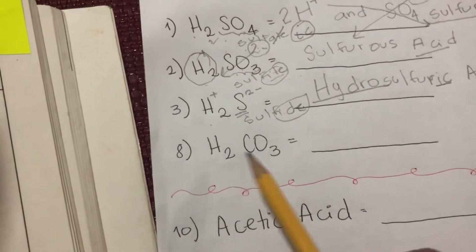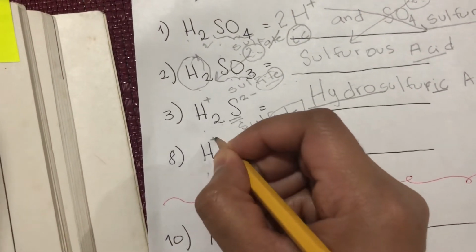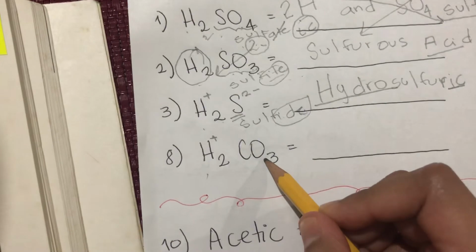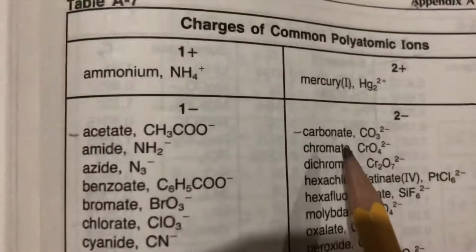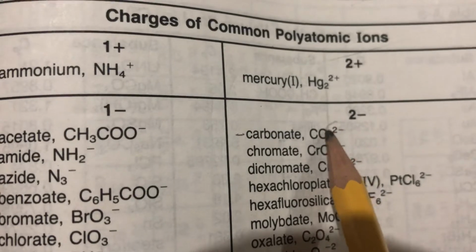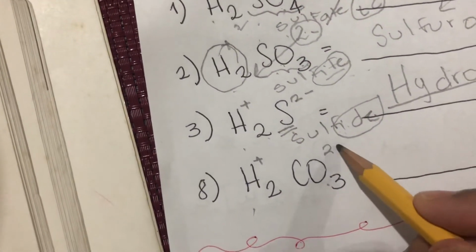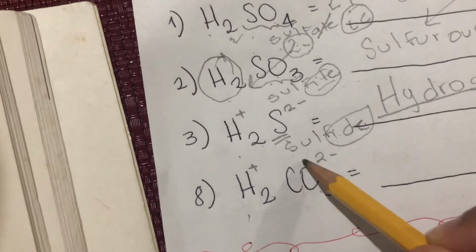And the last one, I know that this is hydrogen, my positive part, and this is carbonate, my polyatomic ion. If I can't remember the charge, I go and search for carbonate, CO3. It has a 2- charge, so I write a 2- charge. And I can tell because hydrogen has a subscript 2.